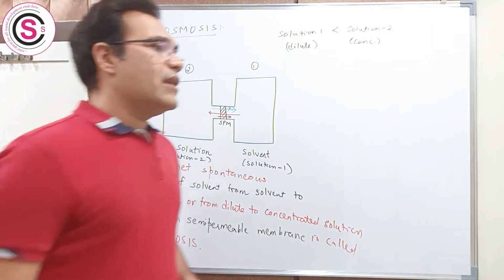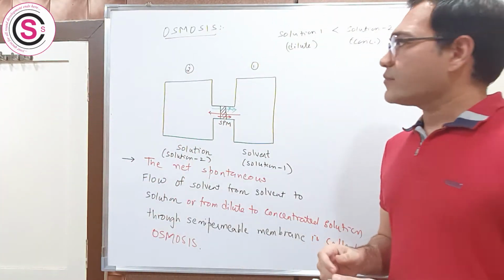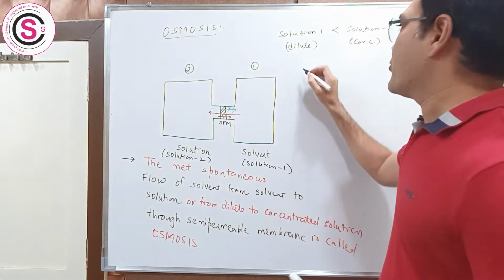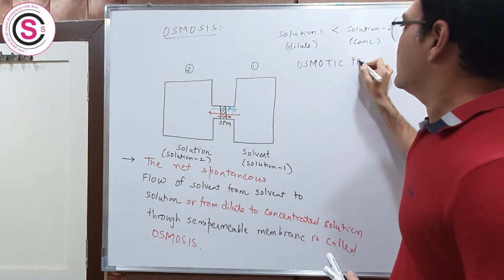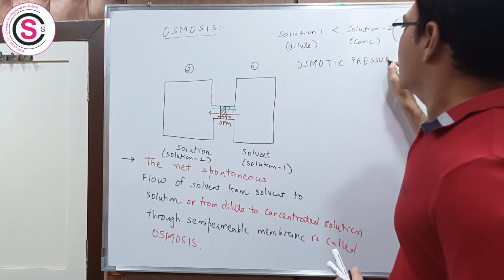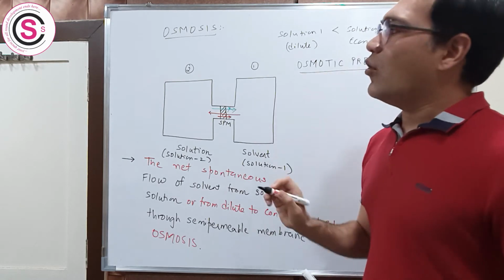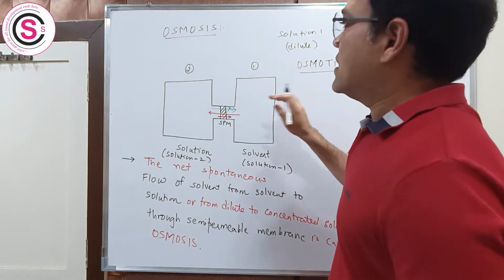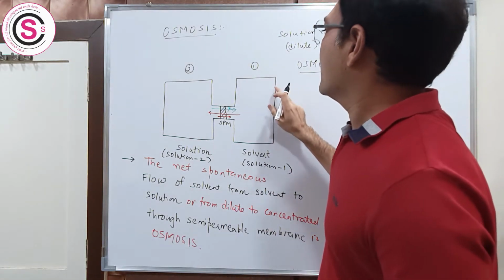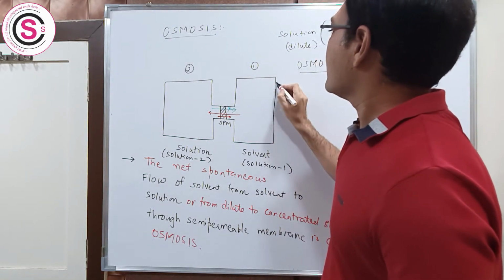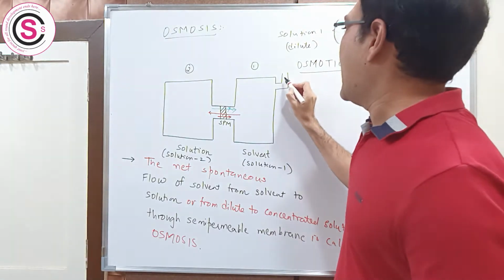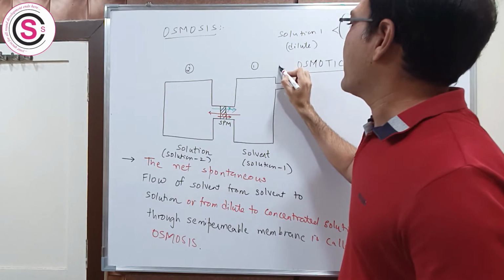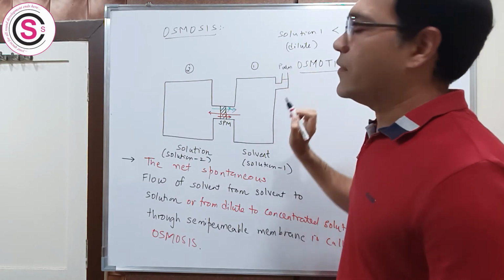Now students, let us understand what we mean by osmotic pressure. Now, to make you understand this, just think like this, that this solution is at a pressure of P atmosphere, right?